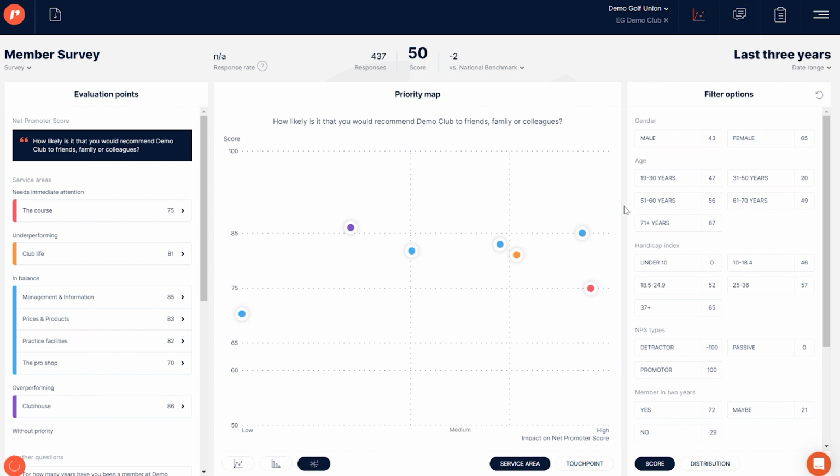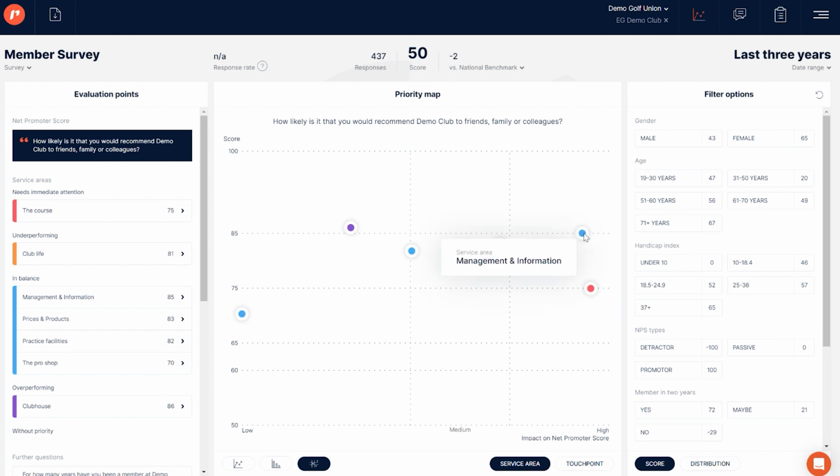The further things are to the right, the more important it is to the members. If it's all the way to the left, it doesn't impact the members that much. The higher it is up, the higher the members rated, and the lower it is, the lower it's rated.